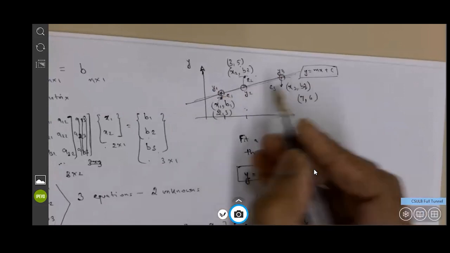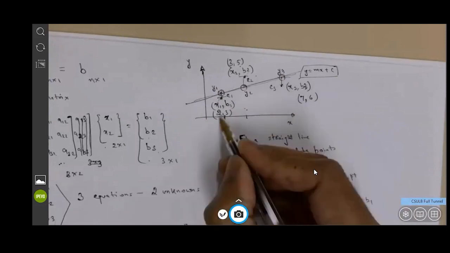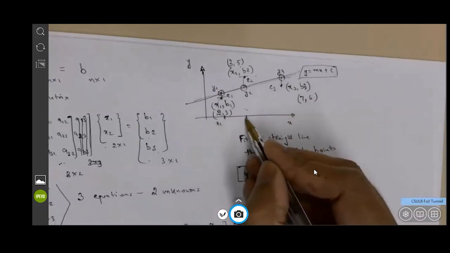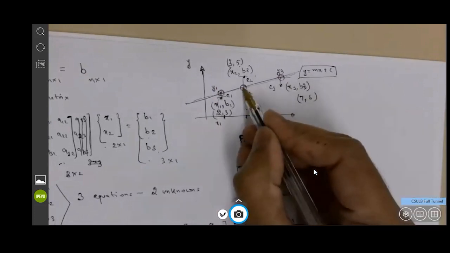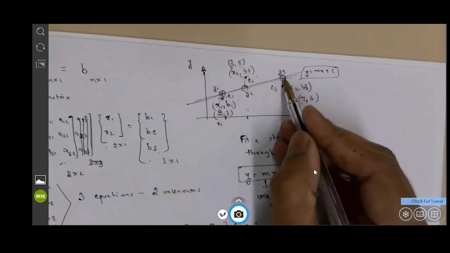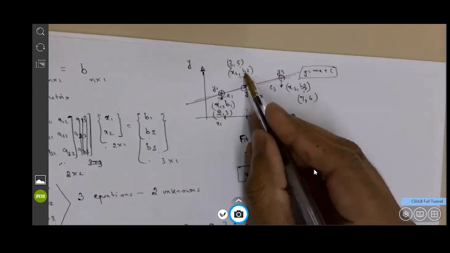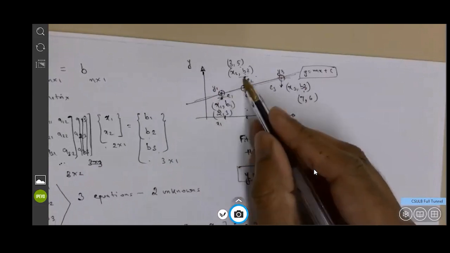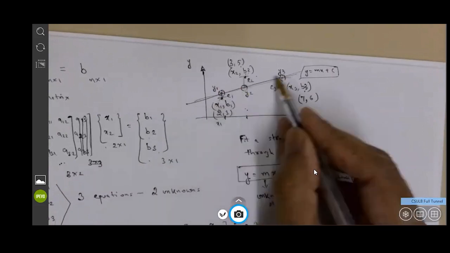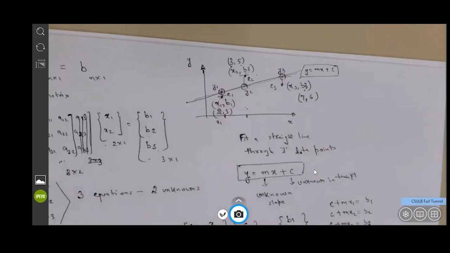I get these values by plugging x1 into this equation to get y1, x2 to get y2, and x3 to get y3. Now the actual values are not y3, y2, y1, the actual values are b3, b2, b1. That is why there is an error for each data point, because my line does not go through these data points. It tries to fit as best as possible. Did I answer your question?